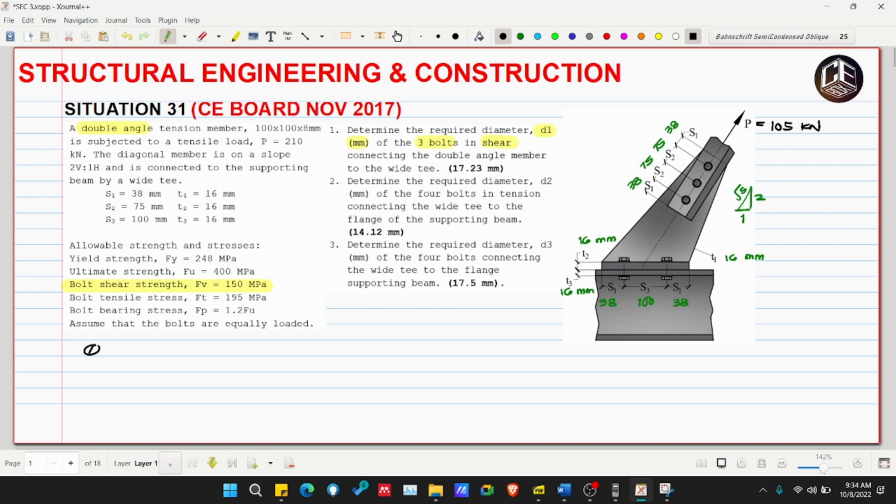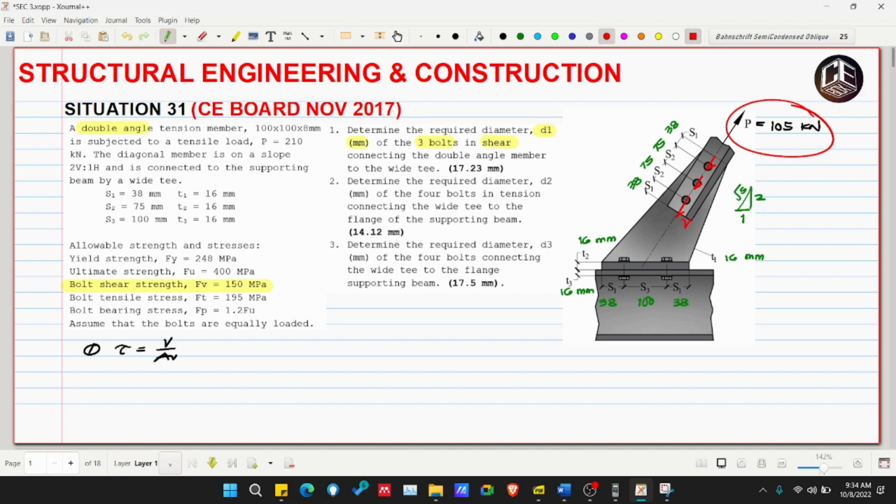Shear stress is equivalent to shear force over area shear. Since tatlo yung ating shear forces dito, single shear na lamang aalalahanin natin dito. Kaya hindi natin siya pwedeng gawing 6 na shear forces. So, tatlo lang. Kasi kinalahati na natin yung ating P.